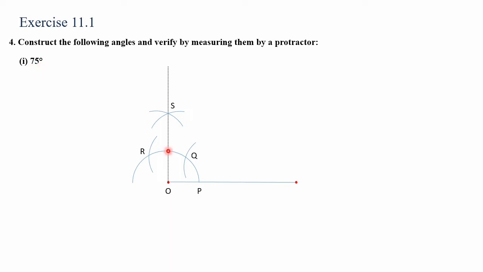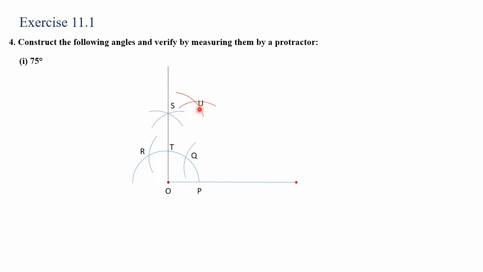So we have to mark a point here because we are going to bisect the angle between 60 degrees and 90 degrees. Let's mark this point as T, and with T as center draw one arc, and with Q as center, by using the same radius, cut the previous arc.